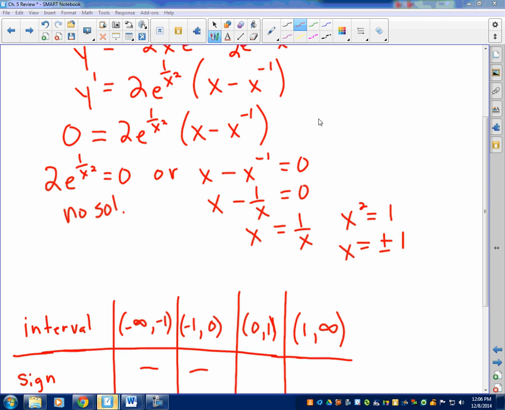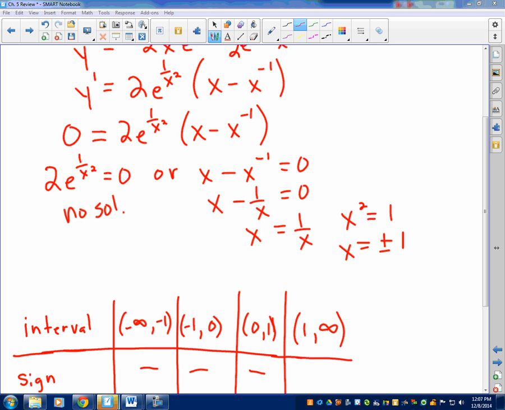What about between 0 and 1? If I plug in positive 1/2 here, this will still be positive. 1/2 minus, well, so did we mess that up? Okay, this is 1/2 minus 1 over 1/2, which is 1/2 minus 2.